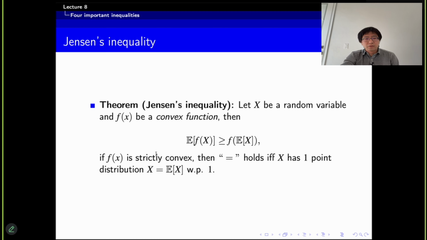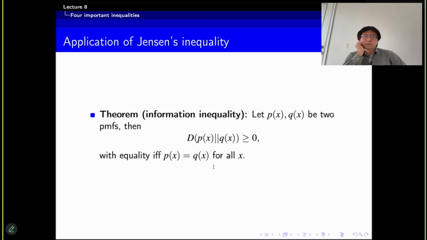And we say f(x) is strictly convex. You can imagine that if a function is strictly convex, intuitively there will be only one minimum point. The equality will hold if and only if X is a constant, so it has to be equal to the expectation of X with probability 1. That's Jensen's inequality, and we're going to use it a lot in our class.